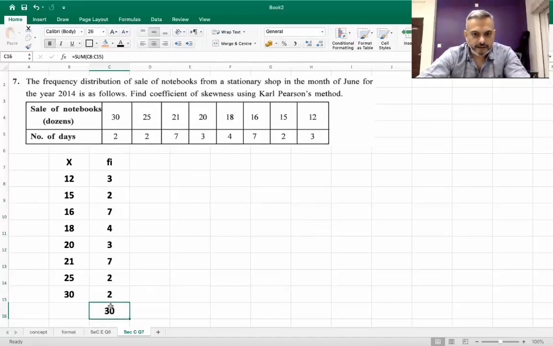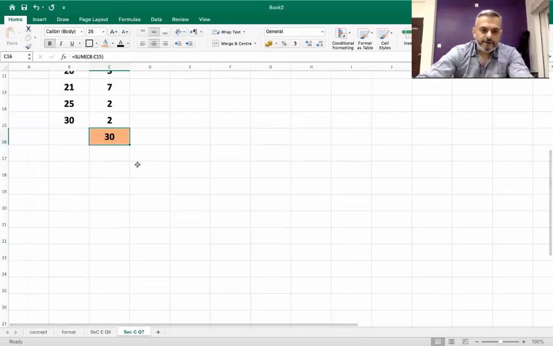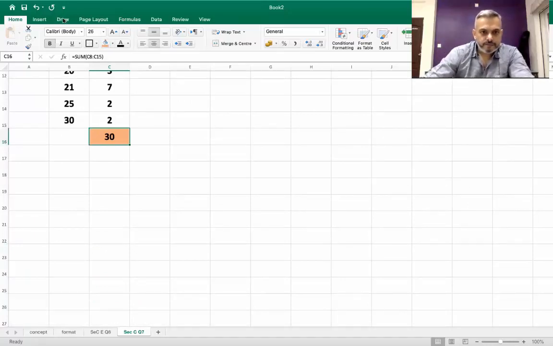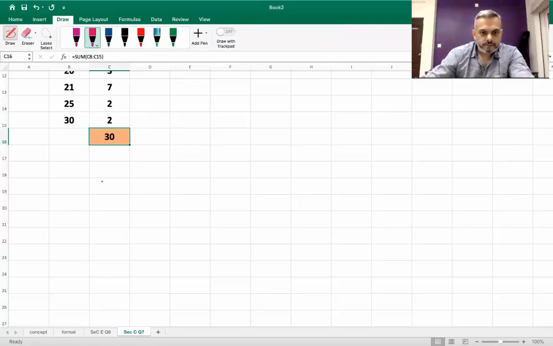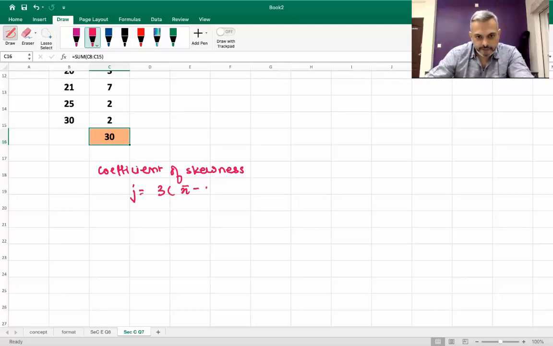So total is 30. Now, let's write the formula first. Coefficient of skewness J is equal to 3 times the bracket x bar minus M upon S, so upon standard deviation.